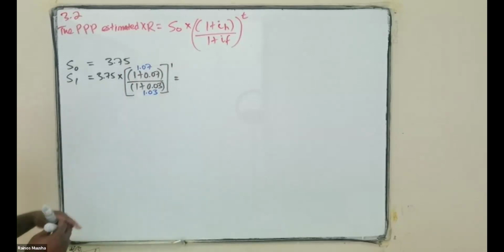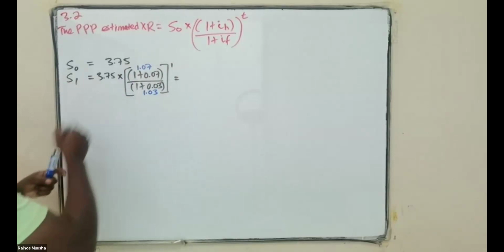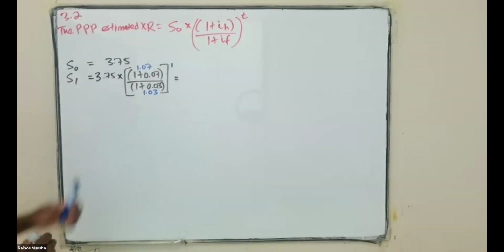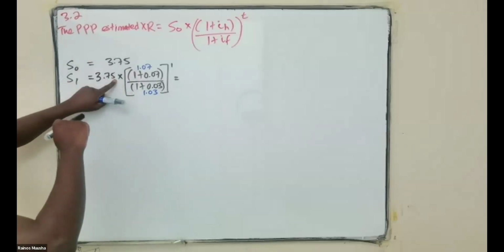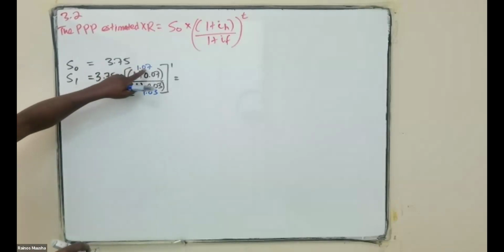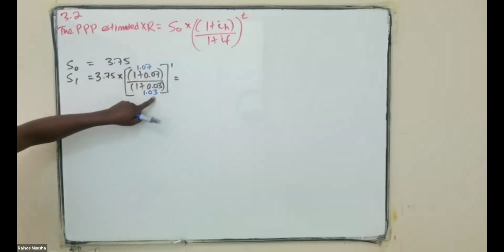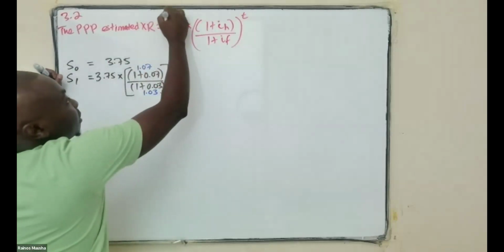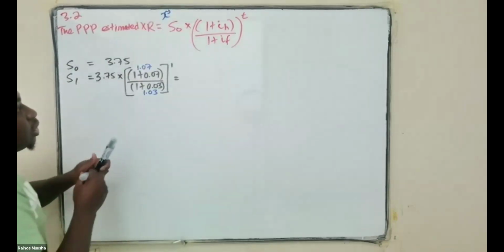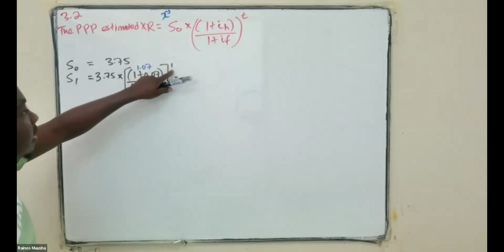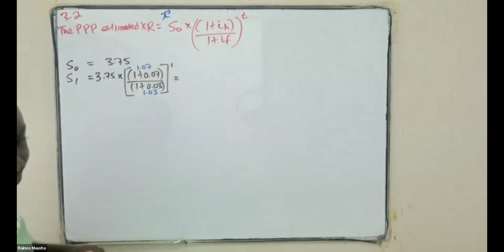On your scientific calculator, say 3.75 multiplied by open brackets 1.07 divided by 1.03, close brackets, then press x with a y on top for the power, and for the first year you just press 1 and you get your answer.